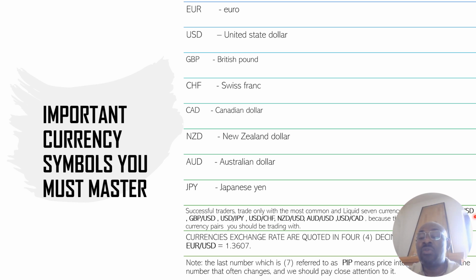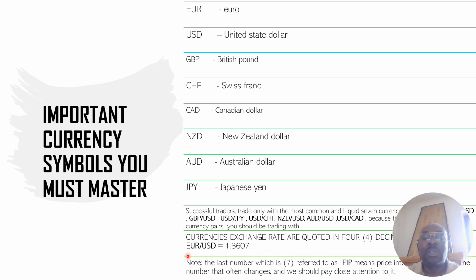Here you have EUR/USD, GBP/USD, USD/JPY, USD/CHF, NZD/USD, AUD/USD, USD/CAD, because these are the most liquid currency pairs you should be trading with. All these are the most traded currencies.